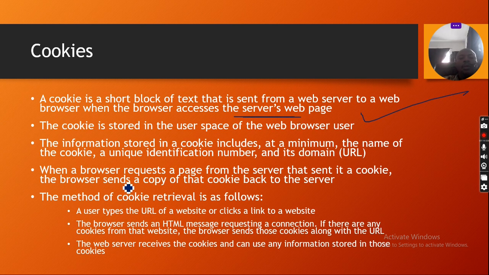Now a cookie is stored in the user space for the web browser's user to have access to it. The information stored in a cookie includes the name of the cookie, the unique identification number, and its domain, the URL.